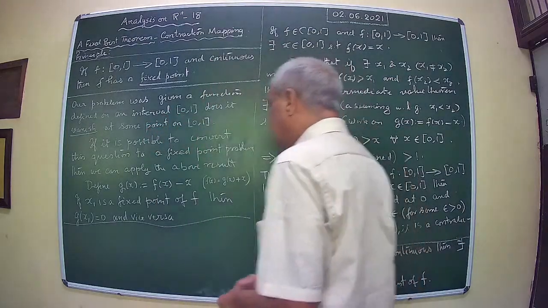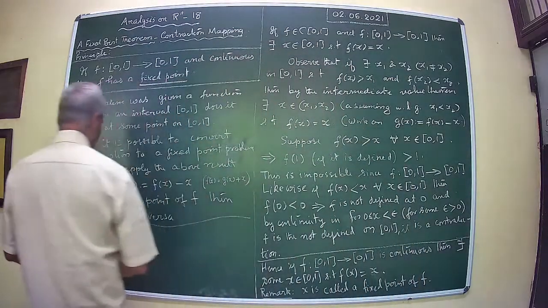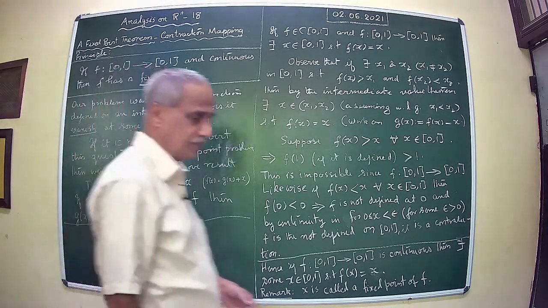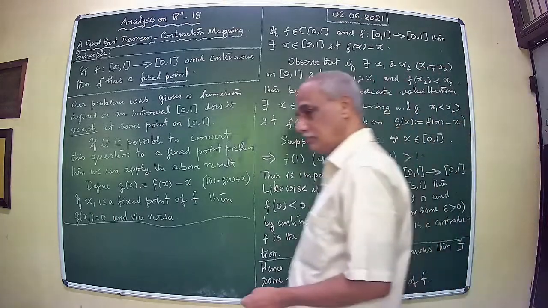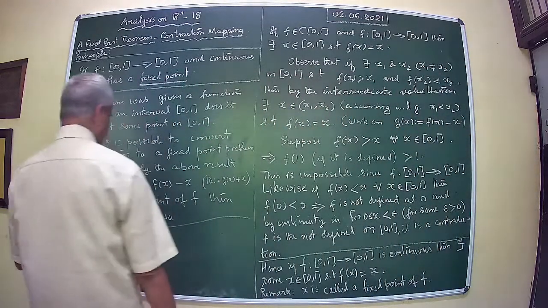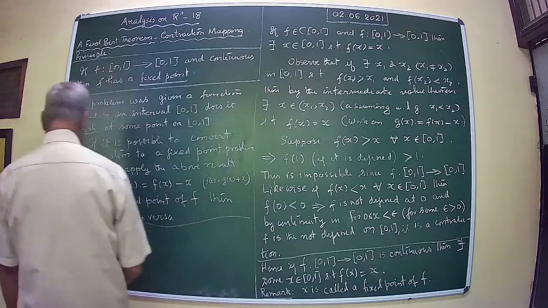Now, how to find a fixed point of a function f? That's quite simple. So one strategy to find a fixed point is this.